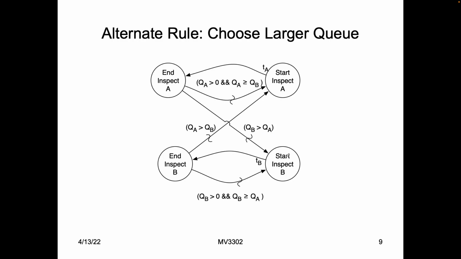Okay, what's another rule for this? Well, maybe choose the larger queue. As things are going on, you again have two piles of these components. And so instead of switching or following any other rule like that, I'll look and see which one is the bigger pile. I'll take the bigger pile and I'll choose one of those. How can we do that?